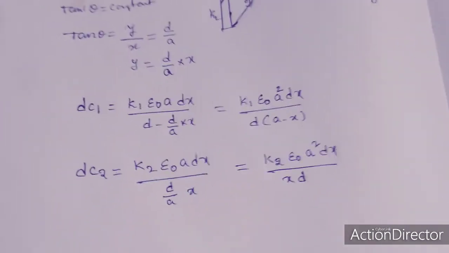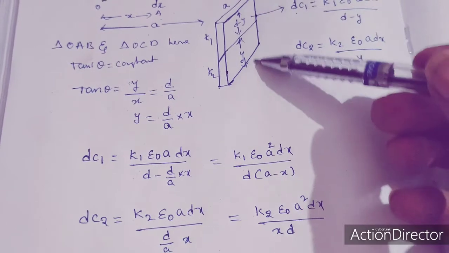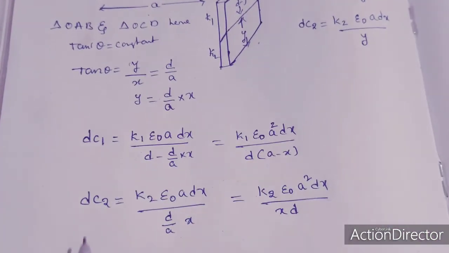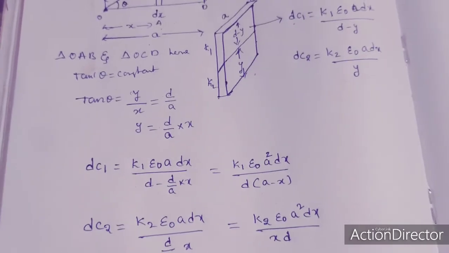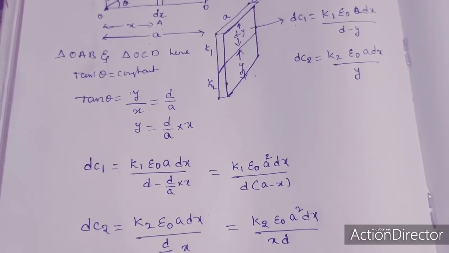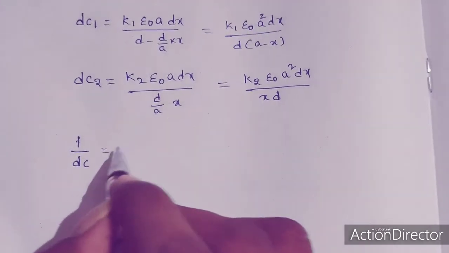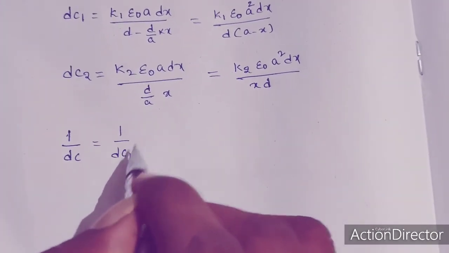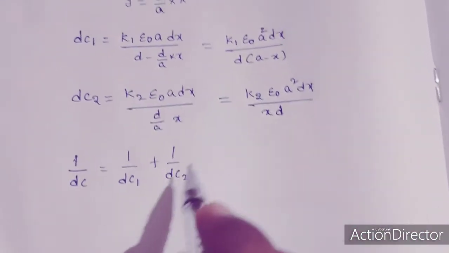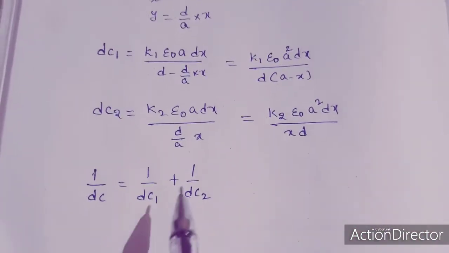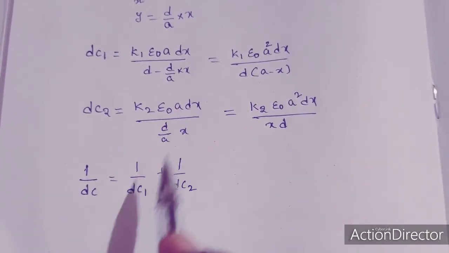Just identify this point. Now we have to observe these two plates in series combination. Then the equivalent capacitance for these two small dielectric plates is 1 by dC equal to 1 by dC1 plus 1 by dC2. Students, just identify this point. Now we can substitute these two values.